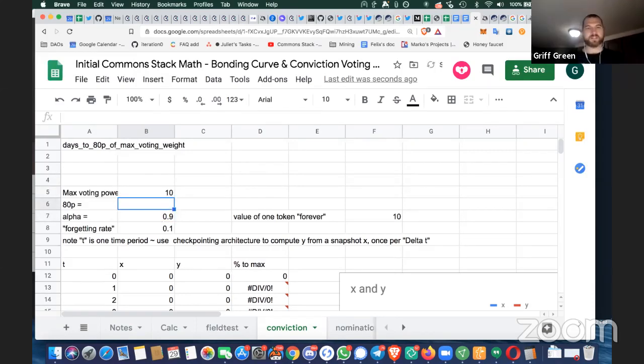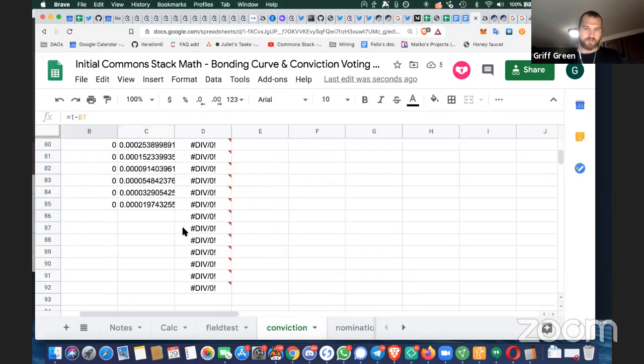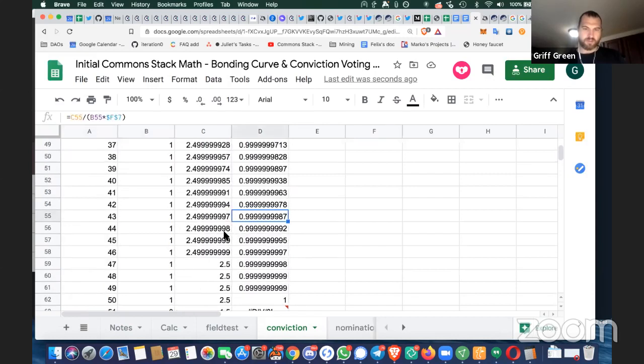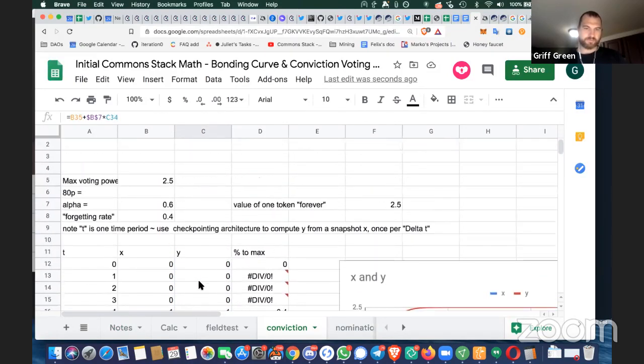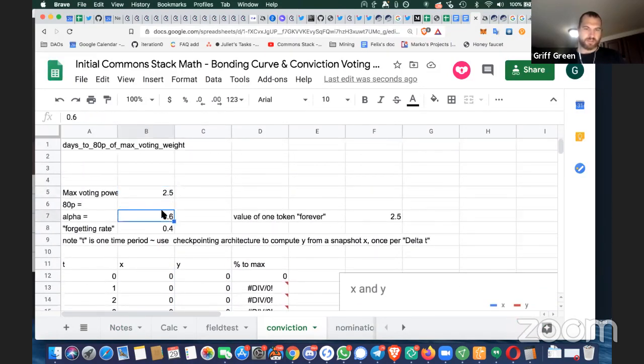If I remember right, that's max voting power, pretty sure. Because if we change this to 0.6, max voting power is 2.5. Oh yeah, here's the max voting power, 2.5. Max conviction. We change this to 0.9.